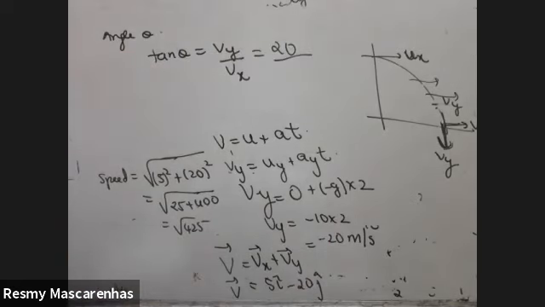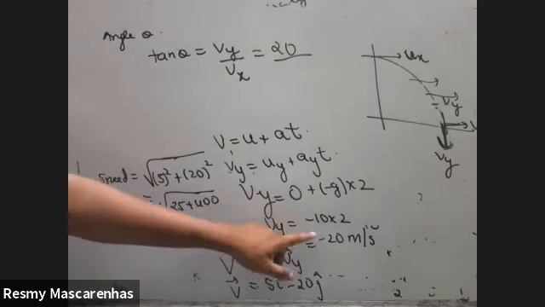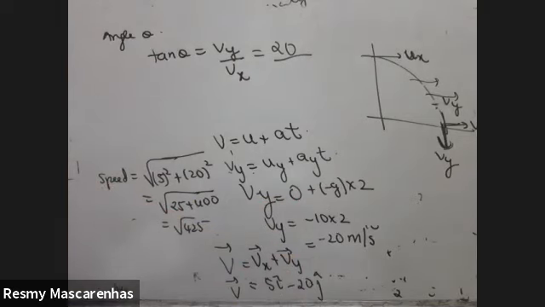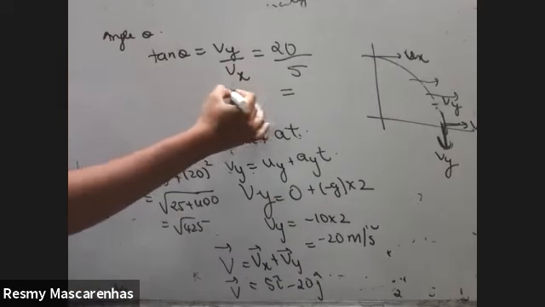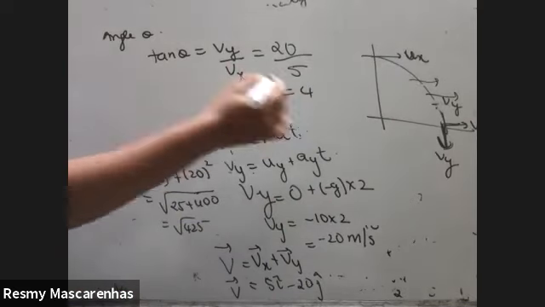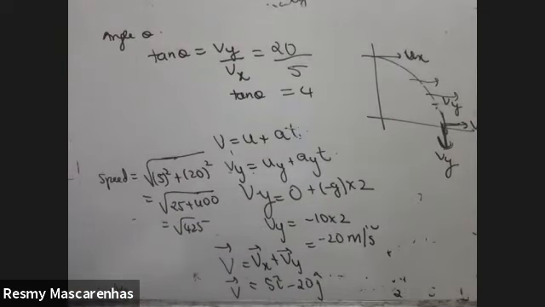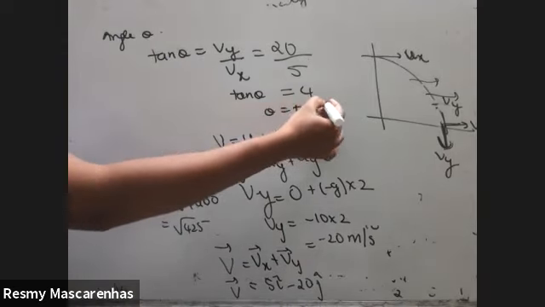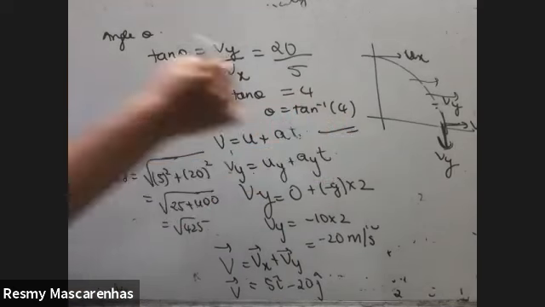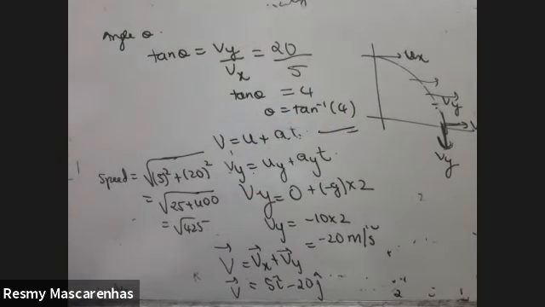Angle you put positive values. This minus means only it is coming in the negative direction. And this was 5. Tan theta was 4. Answer is tan inverse of 4. And then calculate and write in terms of degrees.